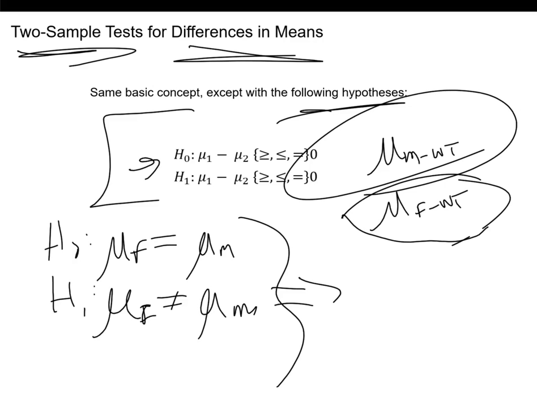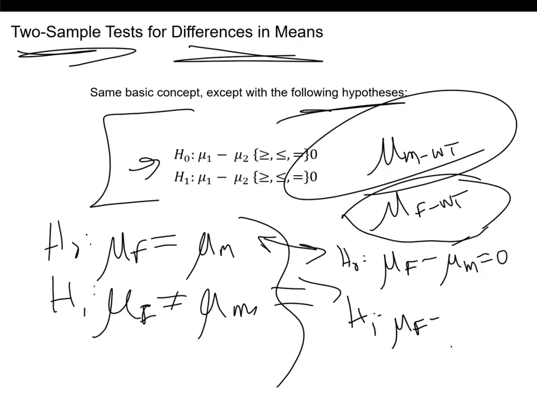What I want to point out here is we can do a little bit of algebra, and if we bring the average male to the left-hand side, then the average female minus the average male, that difference, is equal to 0. These two things are algebraically correct, right? And so we can carry out the hypothesis test just like before.